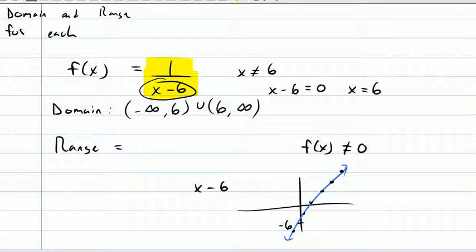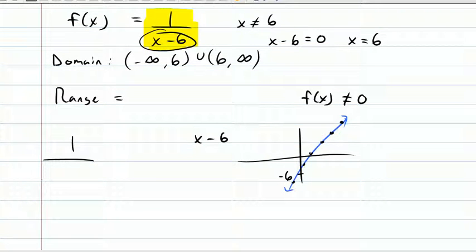So what happens when you take 1 and you divide it by anything in between negative infinity and infinity? Well, this thing produces everything from negative infinity up to 0, but not including, and 0 to infinity.